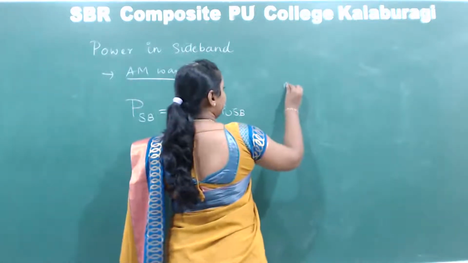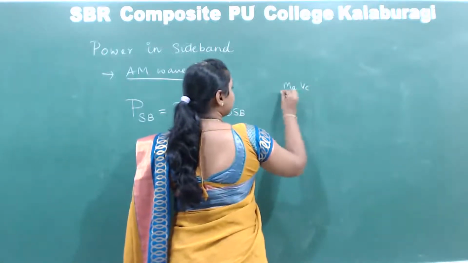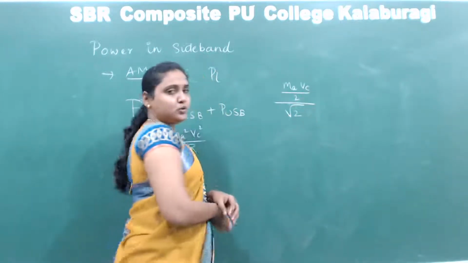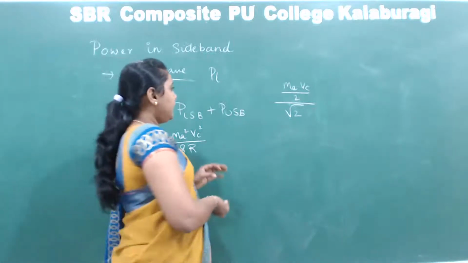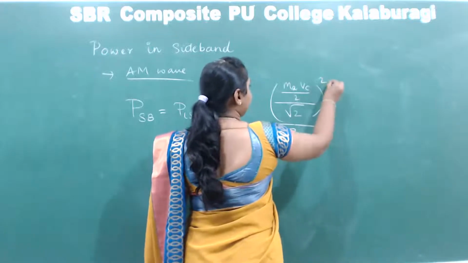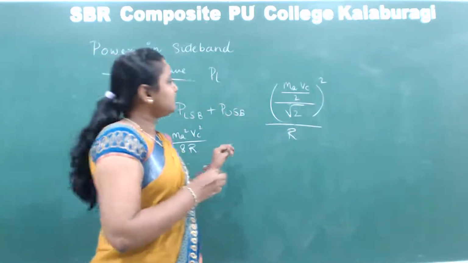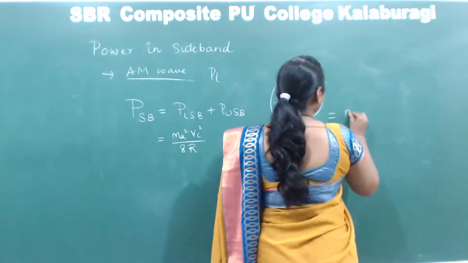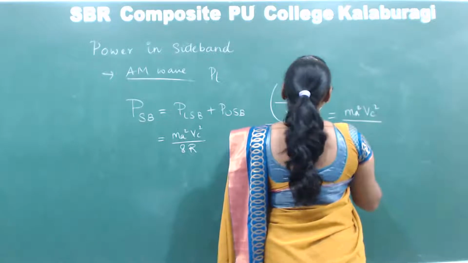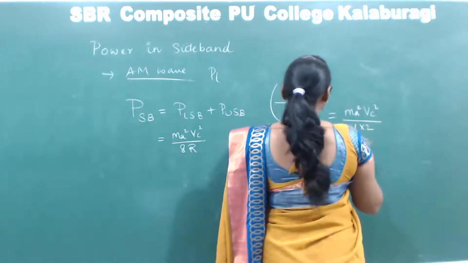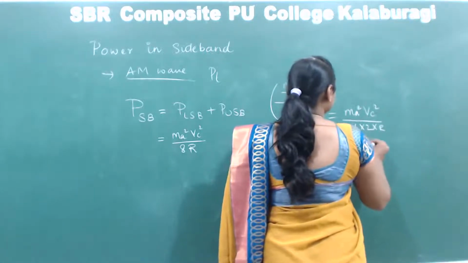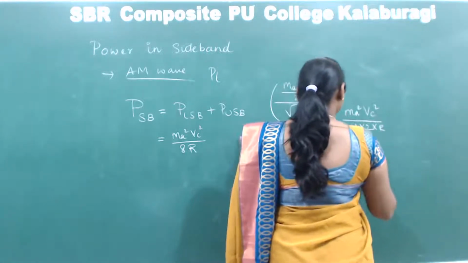The peak value is MA VC by 2, and whole divided by root 2 gives you the RMS value, and how is it calculated? Square of it divided by R. Okay, so how does it become now? This becomes MA square VC square divided by 4 into 2 into R. So that became MA square VC square by 8R.